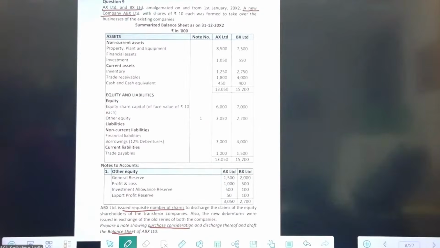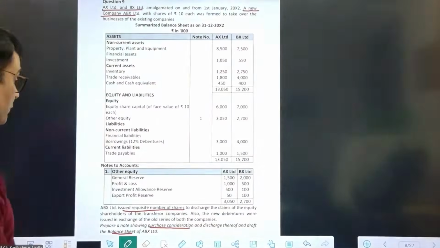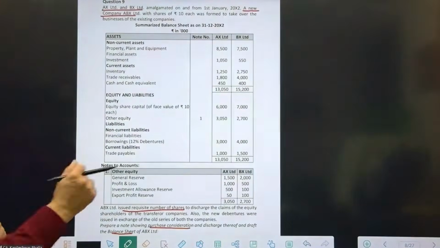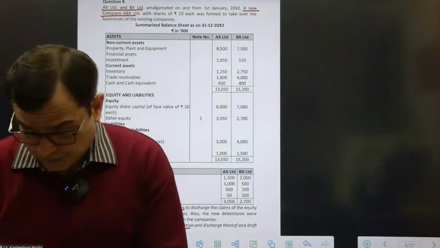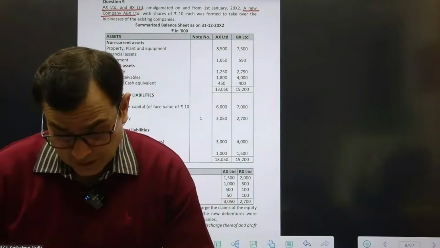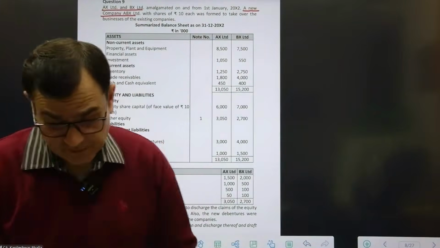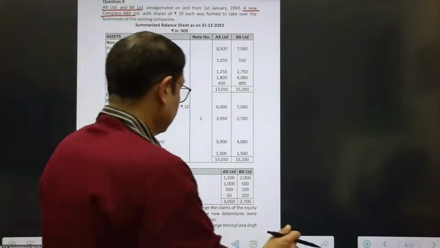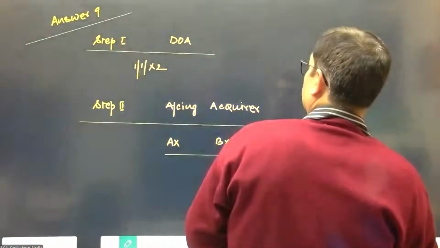In this particular case, we are given the inputs. But there is something which got missed in this question. Yes, there are further inputs which I didn't read.